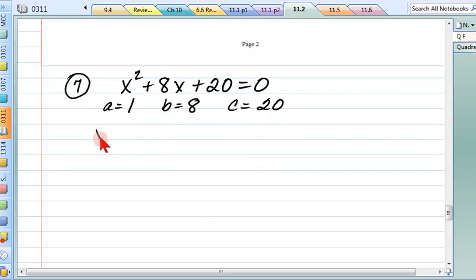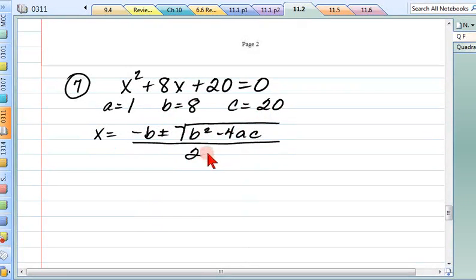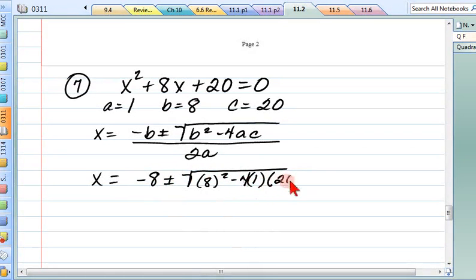So I'm going to have x is equal to negative b plus or minus the square root of b squared minus 4ac all over 2a. X is equal to, opposite of b, negative 8, plus or minus the square root of 8 squared minus 4 times 1 times 20, all over 2 times 1.